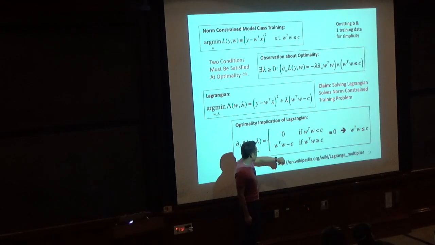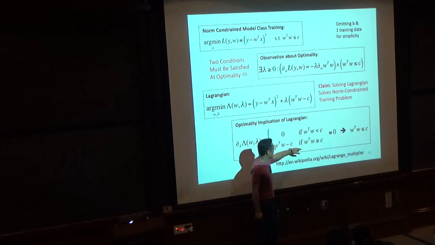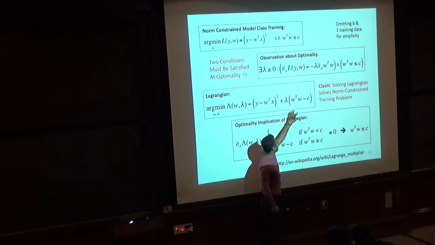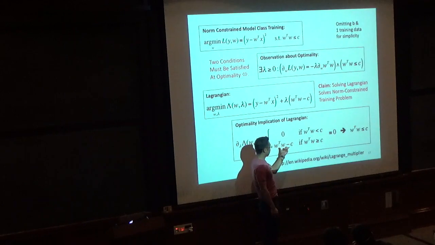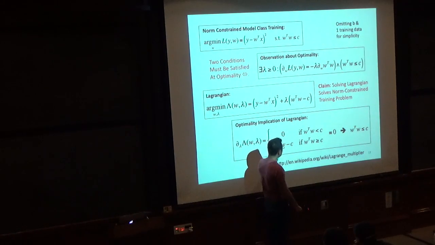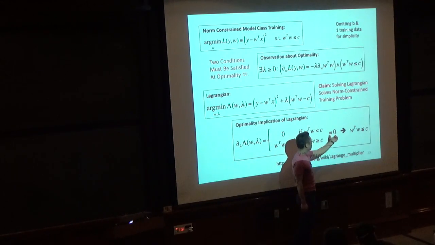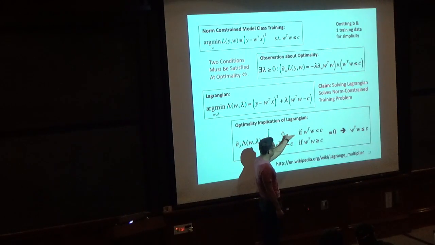If this term is at or beyond the boundary of our constraints, then if you take the derivative of this with respect to lambda, you just get this term back. Setting this equal to 0, because at optimality the gradient with respect to lambda must equal 0, then the first if clause is vacuous, which is trivially satisfied.